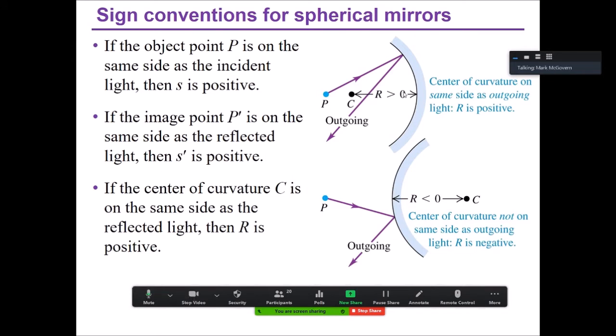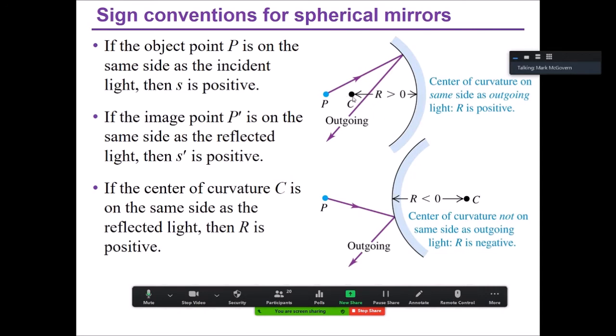Now, for the concave mirror that we see here, we have our point of interest, and we have our curvature. The point C here is the center of curvature, determined by the radius. Every single point on the mirror is equal distance from the center of curvature.